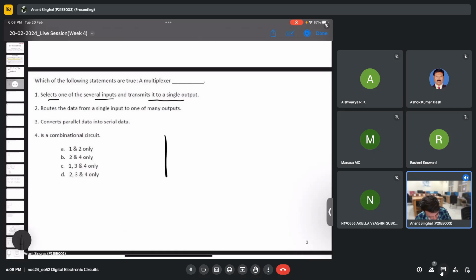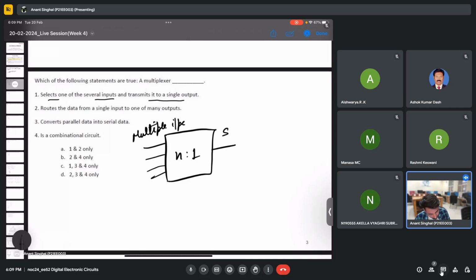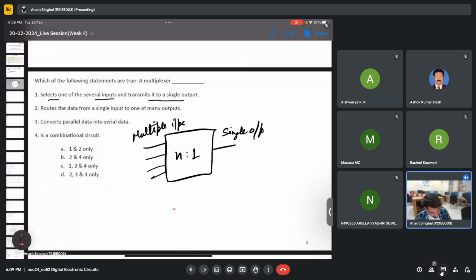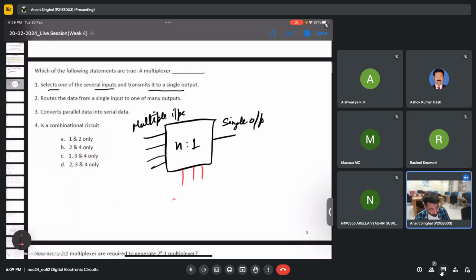So yes, a multiplexer is basically an n cross 1 circuit, that is it can have multiple inputs, and it only has a single output. And it has certain select lines. I'll be explaining what this is. A multiplexer is also known as a many to one switch. You might already have been taught this in the theoretical lectures, and it is also known as a selection switch.